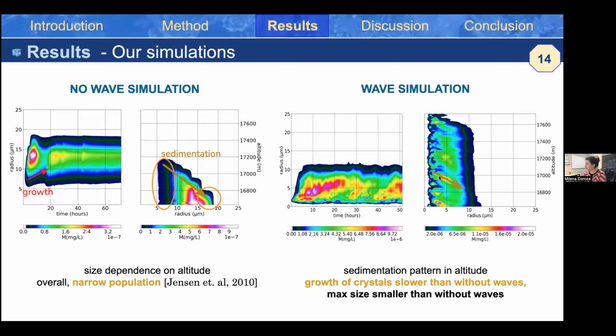And this sedimentation pattern is more clear for the crystals that are more than 3 microns, pretty much. The second thing we can see on this figure is the difference of behavior regarding the temperature perturbations from the waves, depending on the crystal sizes.